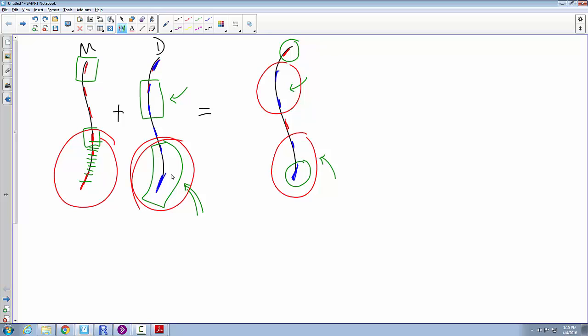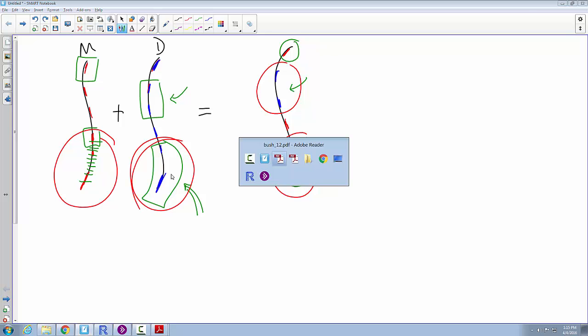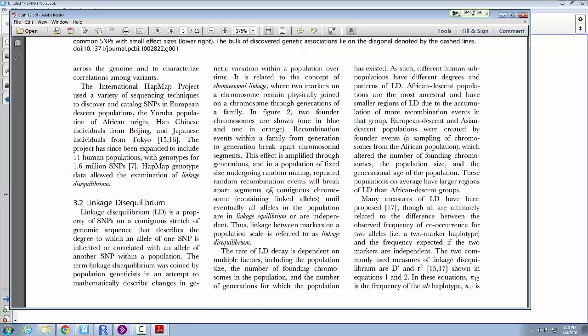So depending on how old the population we are looking at is, linkage disequilibrium may look different. For example, the authors mention the rate of LD decay is dependent on a variety of factors.